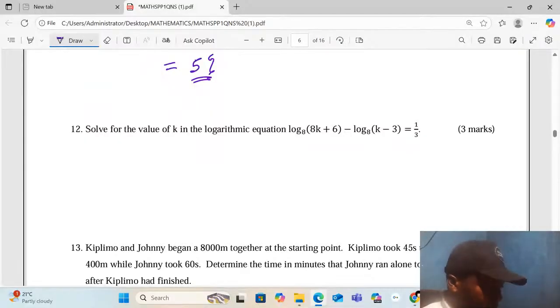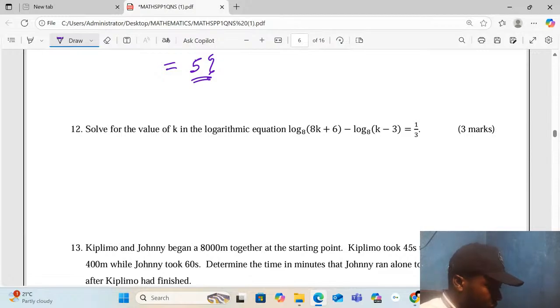Now, we have the given equation, which is log of 8k plus 6 minus log of k minus 3 is equal to 1 over 3.